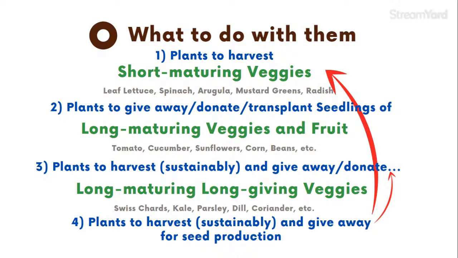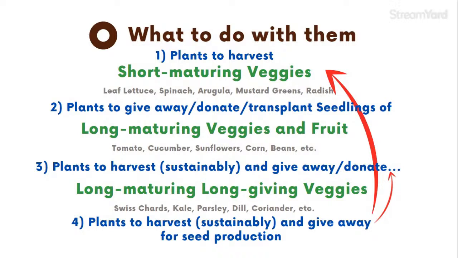So you can harvest some and also give away and donate or transplant those plants so that your community also continues to enjoy them. These are plants such as Swiss chard, kale, parsley, dill, coriander, etc. Most of the herbs and leafy greens, even lettuce.